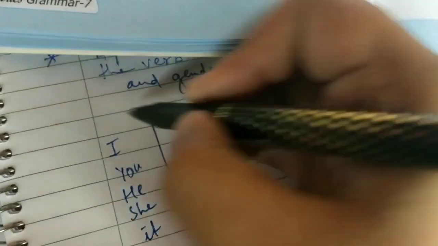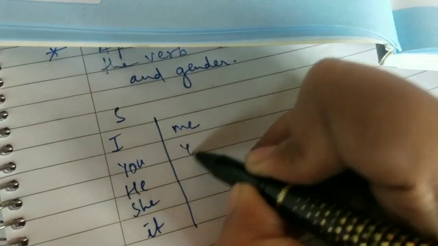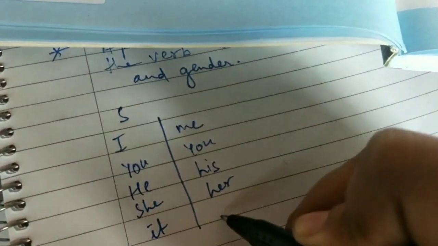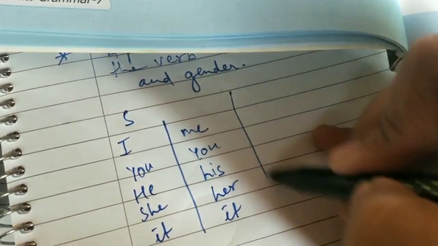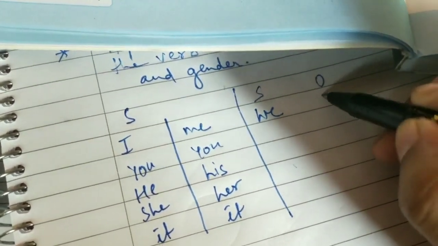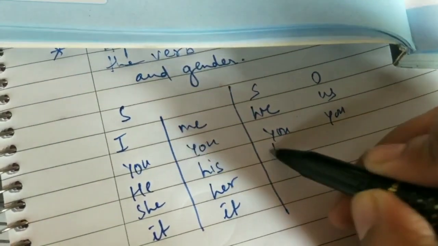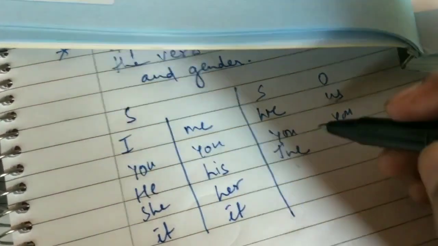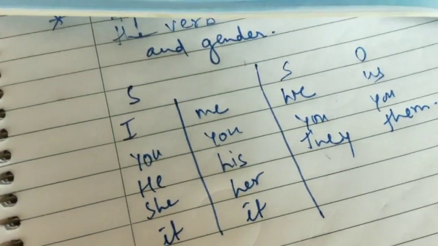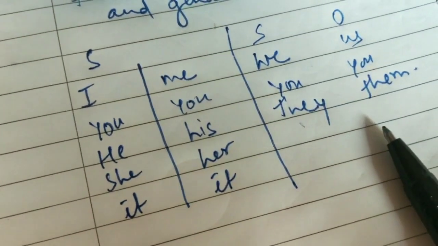These are all in singular case subjective, and in objective that will be me, you, him, her, it. Okay, in plural case then we in subjective, and in objective that will be us. You will remain the same, then he, she or it will change into they, and that will be them. Okay, so this is the personal pronoun.